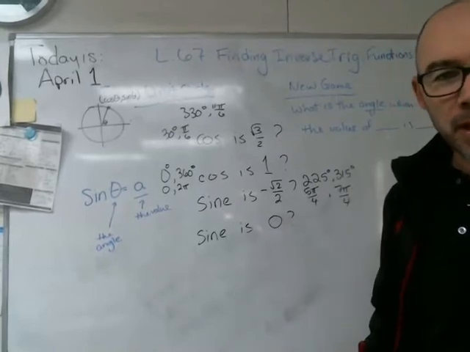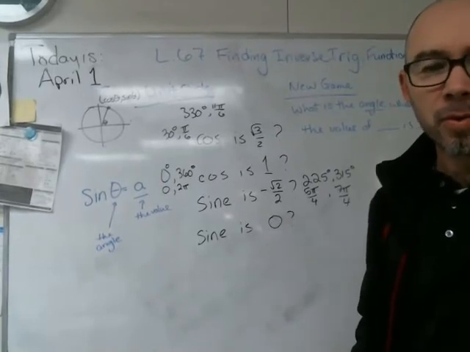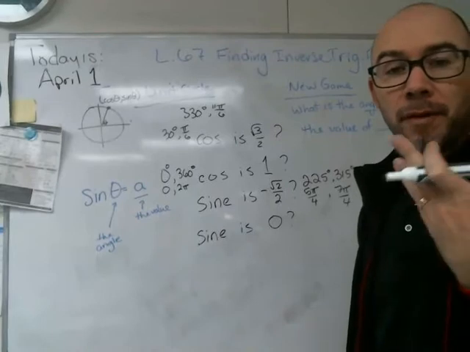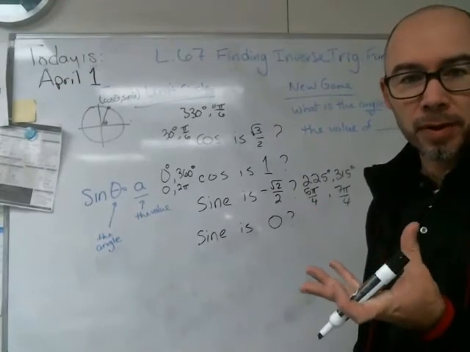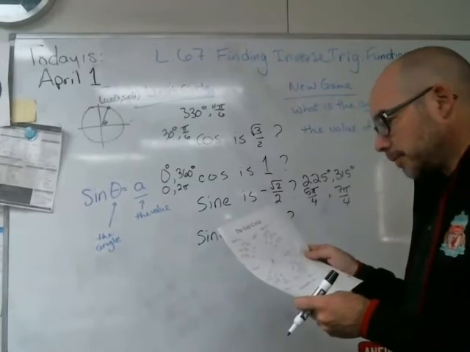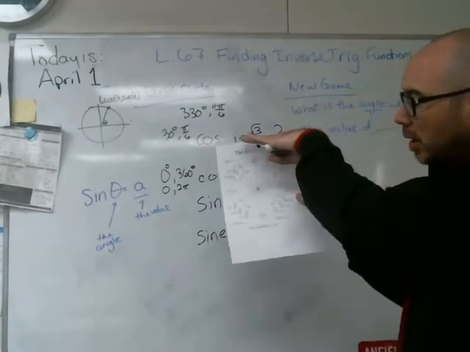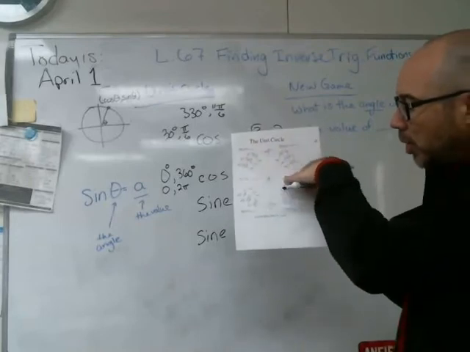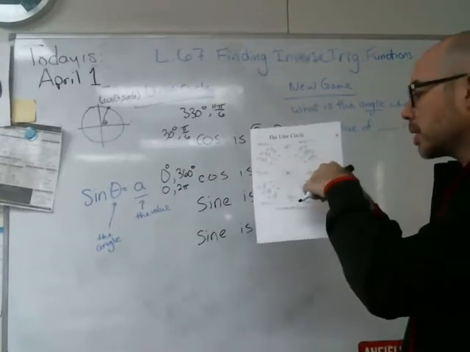So you see how we're playing this game? We're finding the angles when we're given the value of the trig ratio. Last one, where is sine 0? Well, sine goes with y. On the circle, we would find where y is 0, and that would be right along the x-axis.